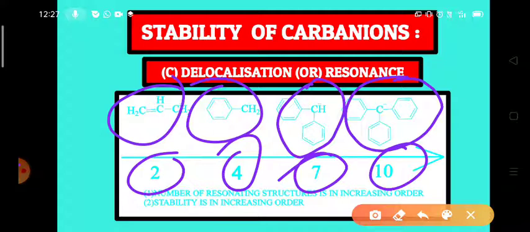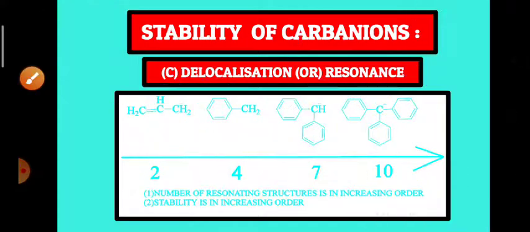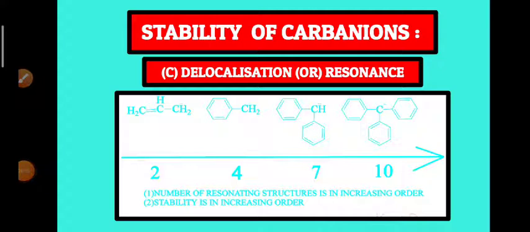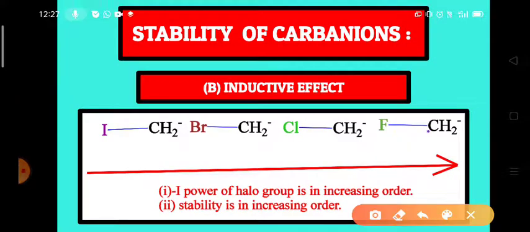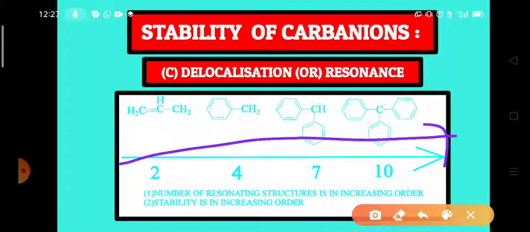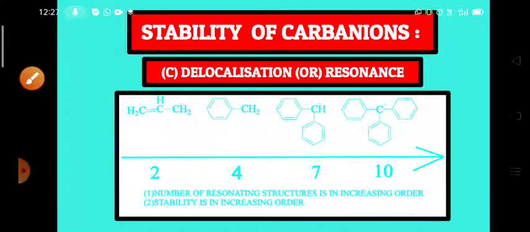So compared to the benzyl carbon ions, diphenyl methyl carbon ions are more stable, and compared to the diphenyl methyl carbon ions, triphenyl methyl carbon ions are still more stable. So we can say that stability increases from allyl to the triphenyl methyl carbon ions. Okay.